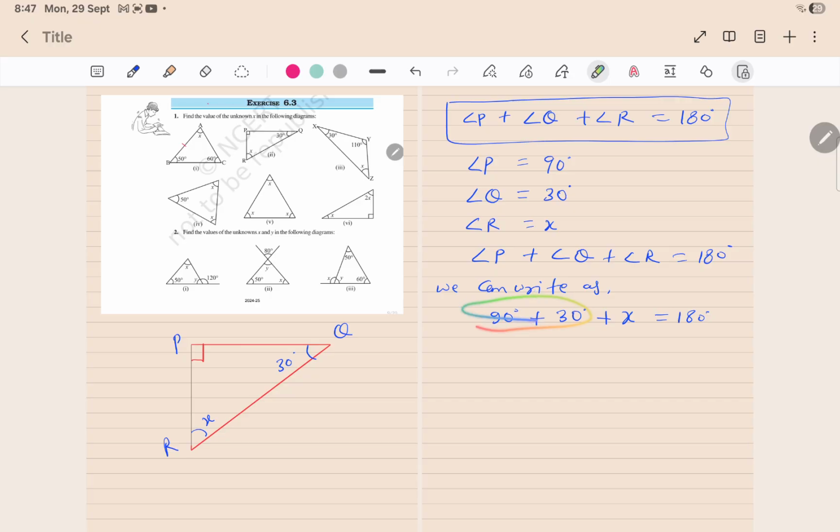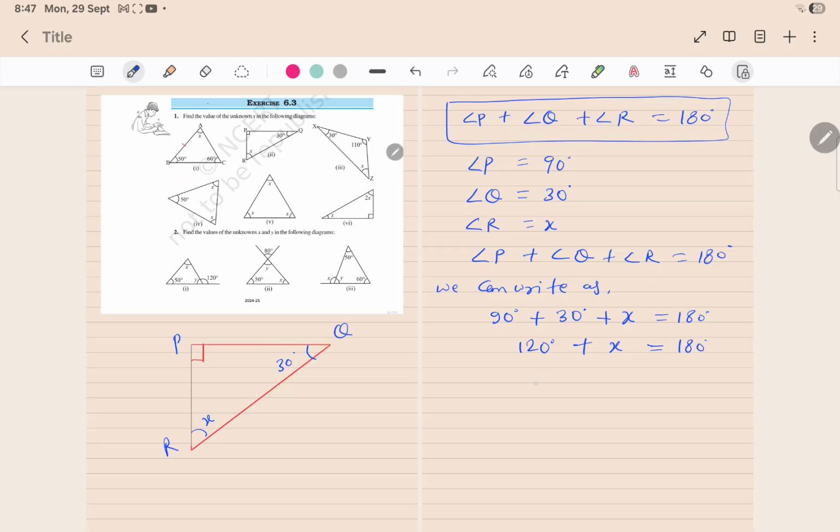90 plus 30 equals 120 degrees, plus x equals 180 degrees. 120 degrees has a plus sign, but when transferred to this side it becomes negative.